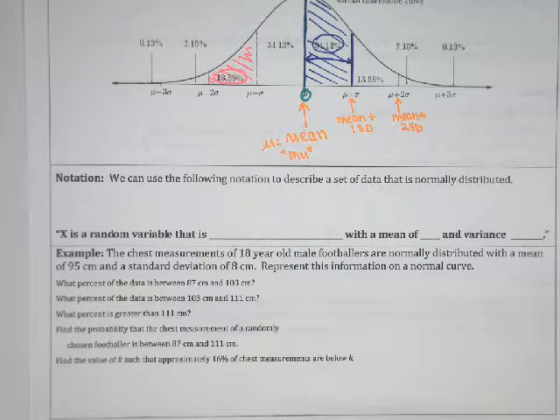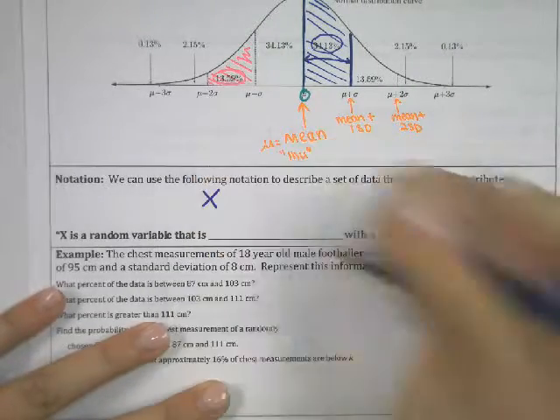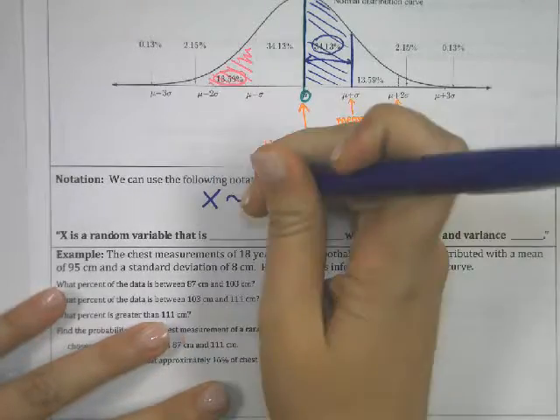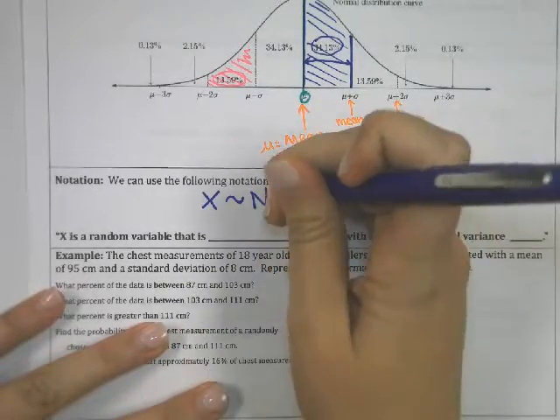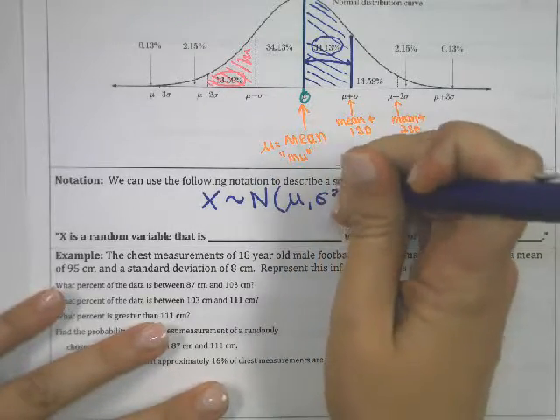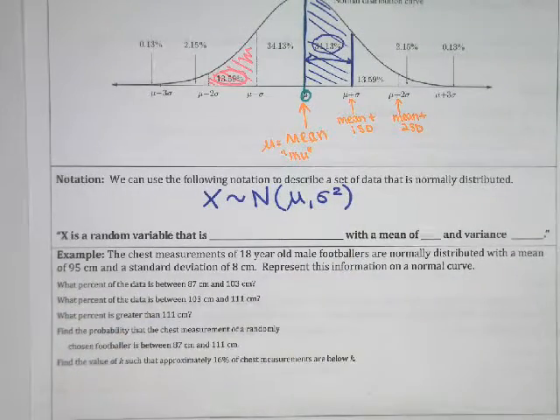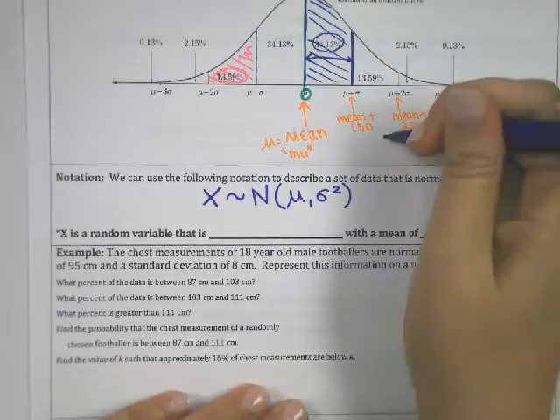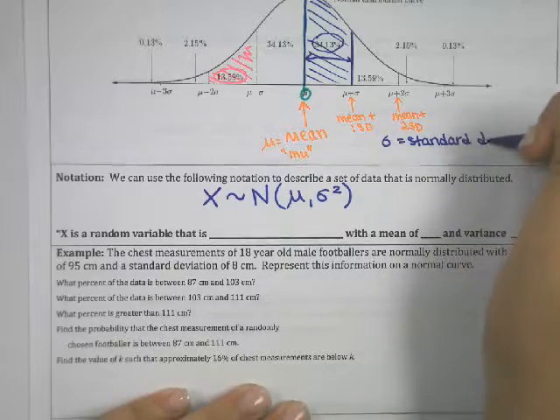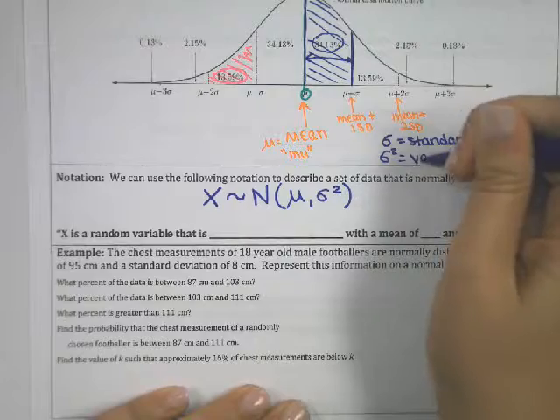All right, so notation. It says we can use the following notation to describe a set of data that is normally distributed. This says our variable x is approximately normally distributed with a mean of mu and a standard deviation squared of sigma squared. They put the standard deviation squared because this is your standard deviation, and sigma squared is your variance.